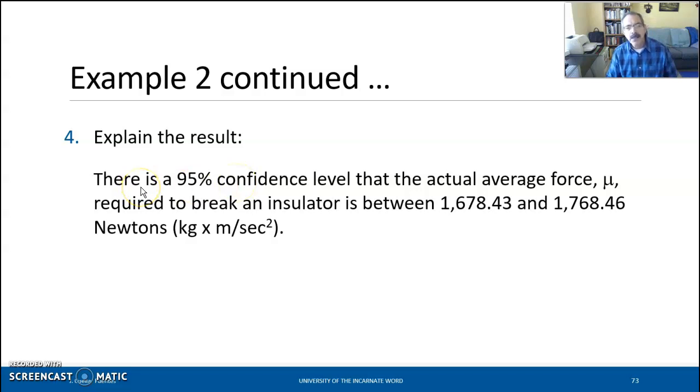So we say that there is a 95% confidence level that the actual average force, mu, required to break an insulator is between 1,678.43 and 1,668.46 newtons, which is kilograms meter divided by square seconds.